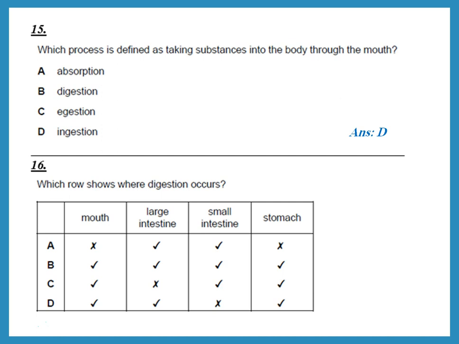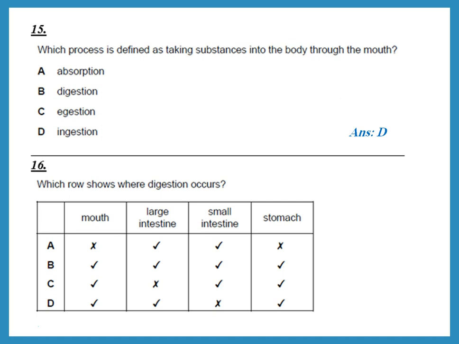Yes, we said we have amylase enzyme in the mouth that breaks down starch. In the large intestine, do we have digestion? No. We said the only thing that happens in the large intestine is absorption of water, and then the food is digested out. We don't have any enzymes in the large intestine, so no digestion occurs there.